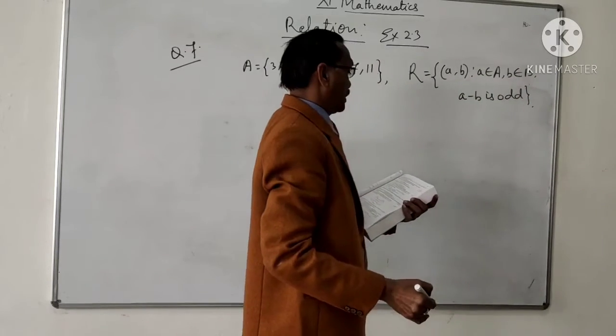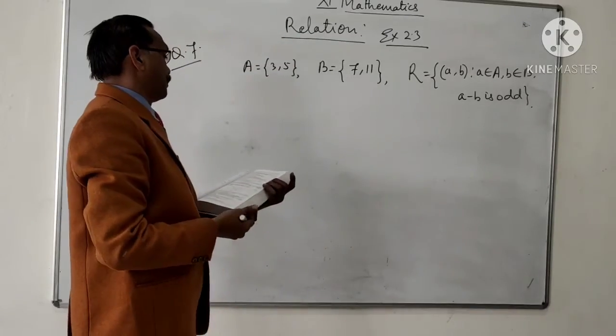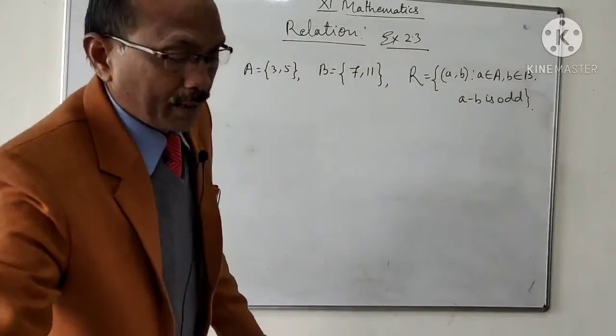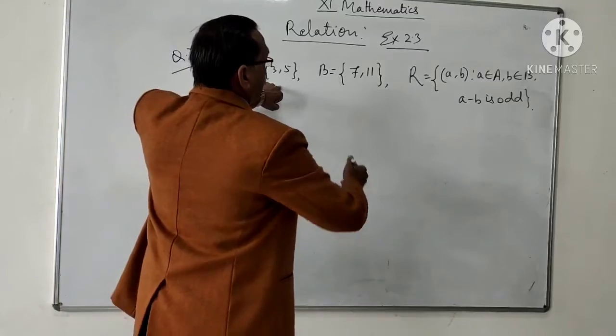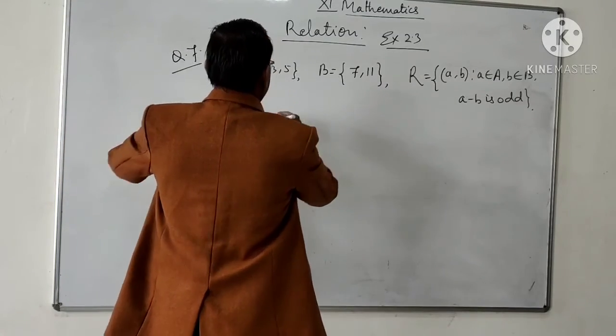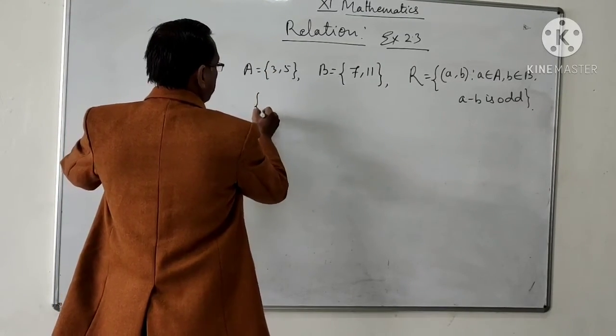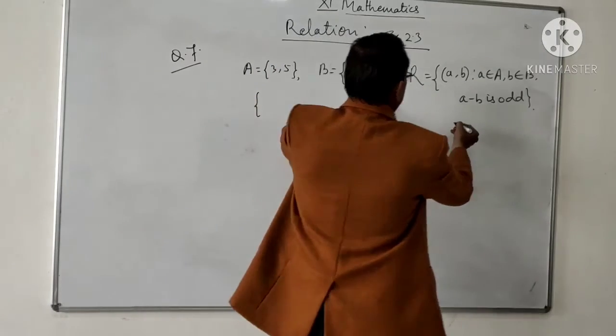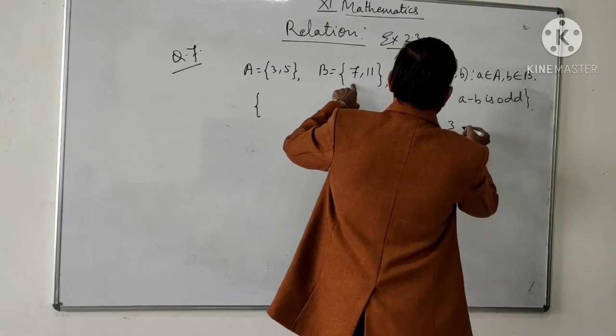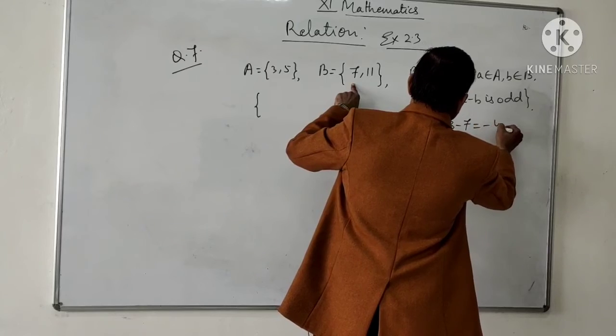So that R is an empty relation from A into B. So let us check. If we take a equal to 3 and b equal to 7, it is minus 4, it is even.